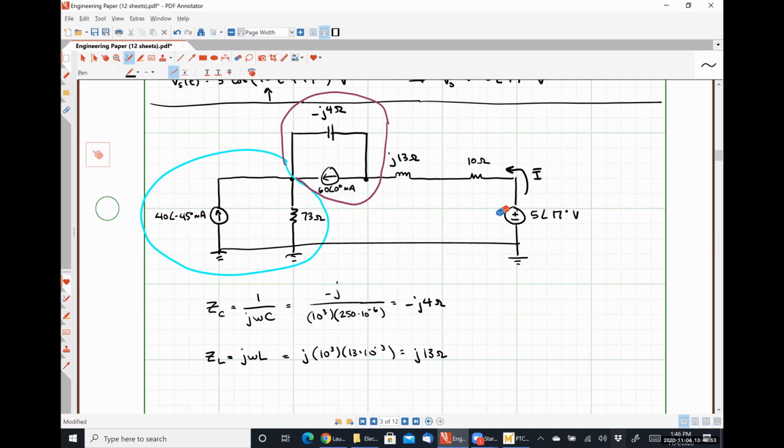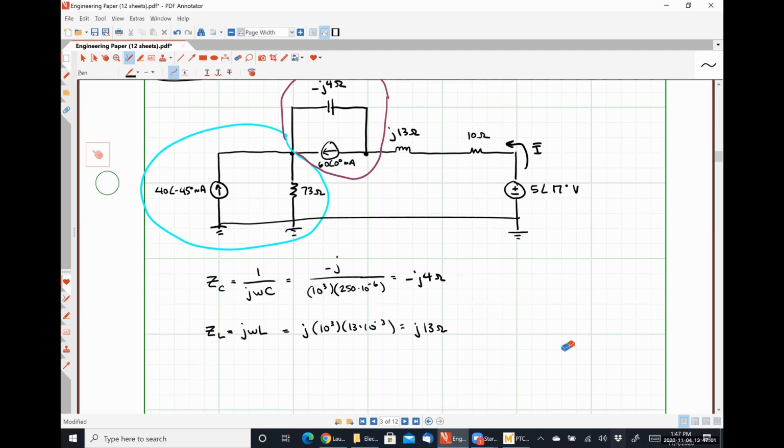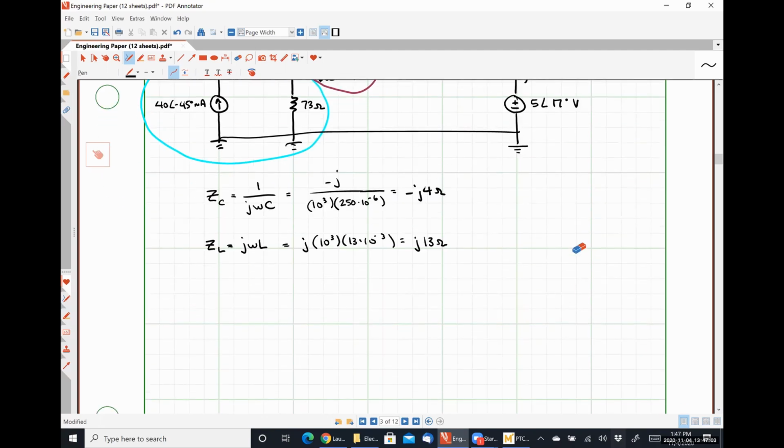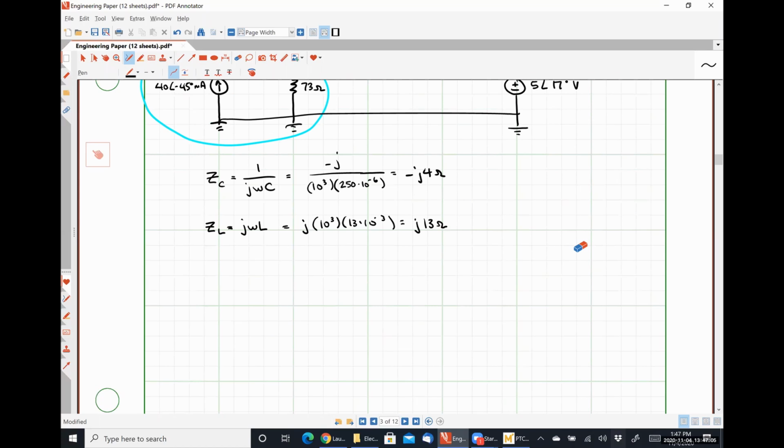So always lots of different ways that we could do this. Obviously, also we could do nodal and mesh and all that kind of jazz if we were so inclined, but I am not inclined. All right, so crash course on source transformations for those of you that maybe don't remember what's going on.